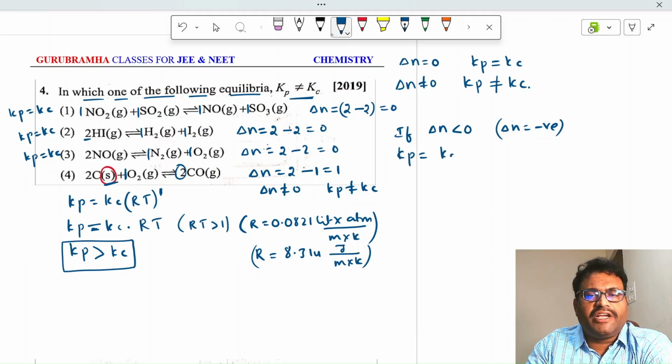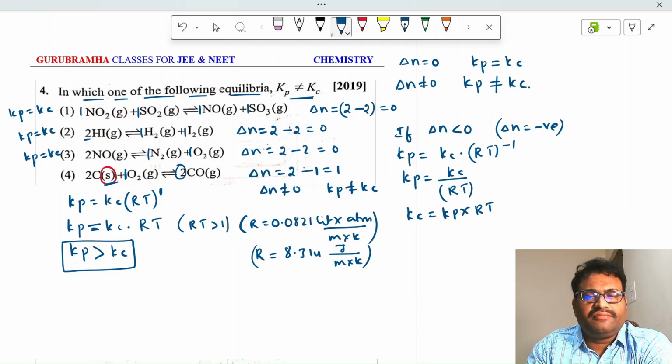Kp is equal to Kc into RT power minus, so then Kp is equal to Kc by RT. For example, let us take minus 1. So Kc is equal to Kp into RT. Then automatically Kc will be greater than Kp.